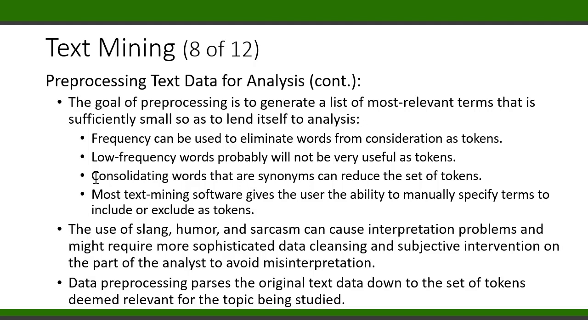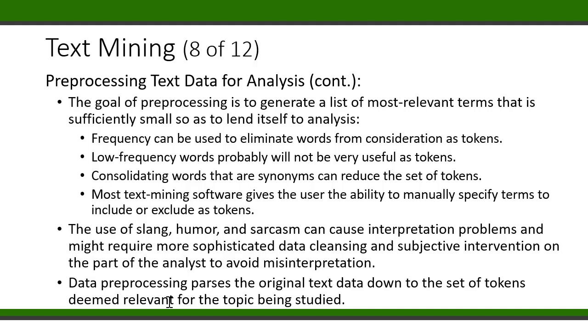As you're looking at your documents, you also need to be aware of any slang, humor, or sarcasm that can cause problems when you're interpreting that data. Typically, the better software you have, the better it can handle those kinds of problems.